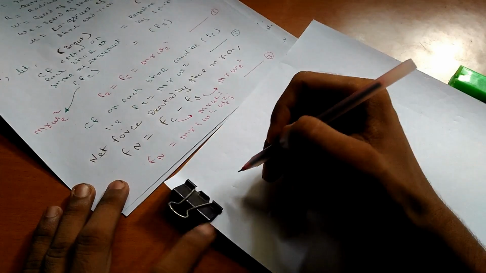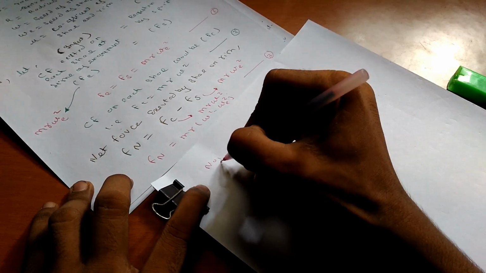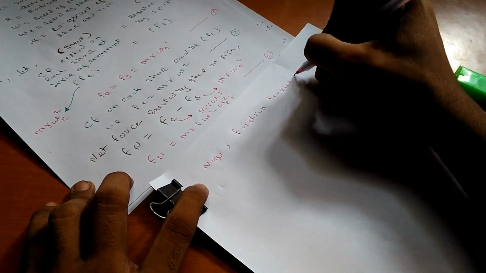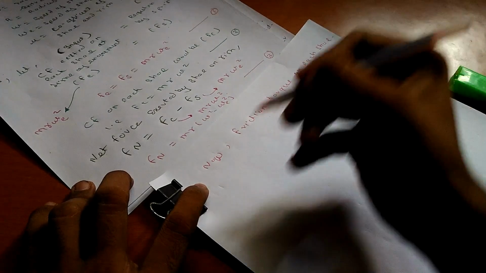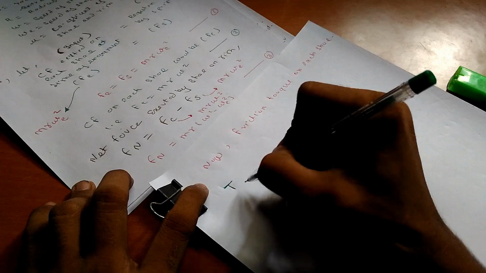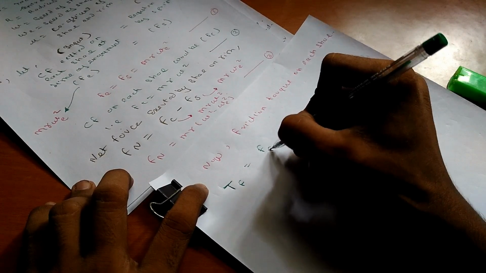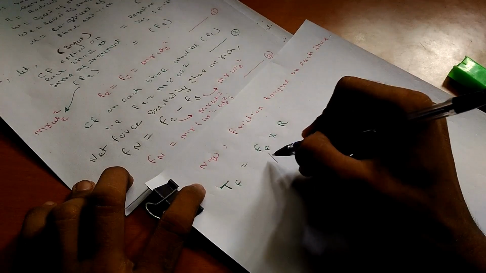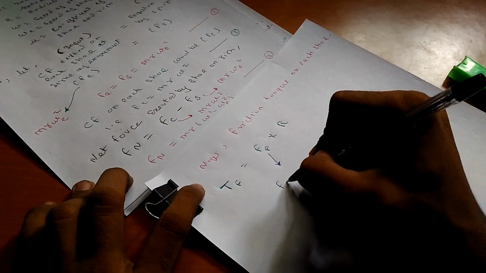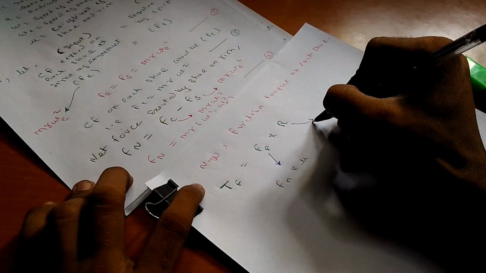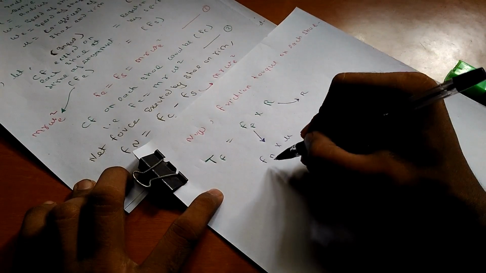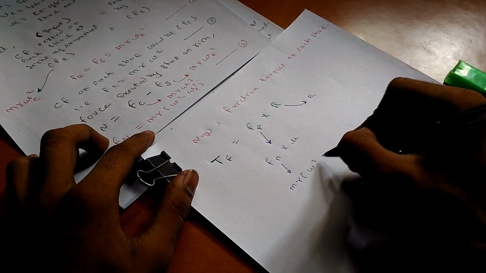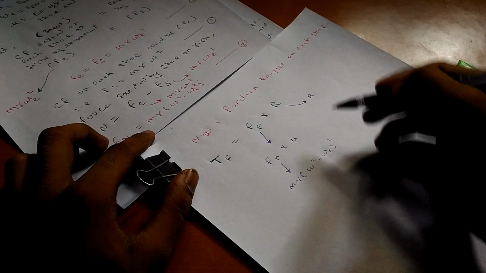Now the frictional torque on each shoe can be calculated as, writing the formula, frictional torque equals frictional force into radius R, where frictional force is net force into mu, and R as it is, where Fn equals m r omega square minus omega e square, and R as it is.